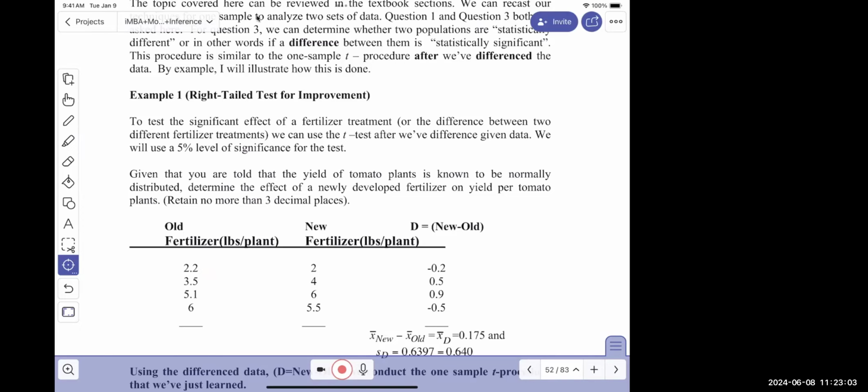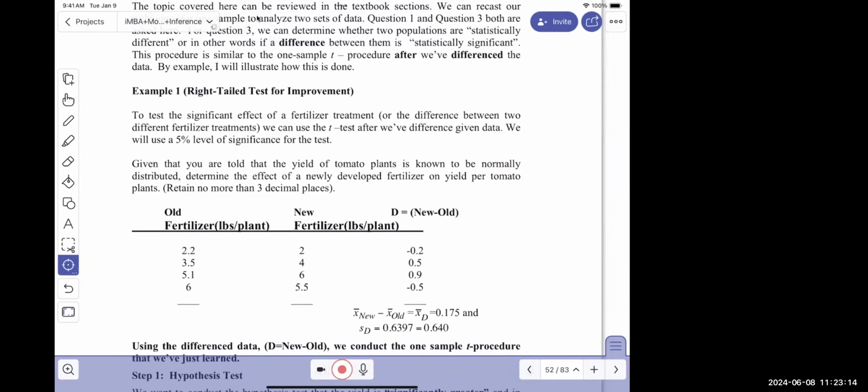We don't have any other information except that we know that the yield is normally distributed, and that helps us because we can appeal to the properties of the t distribution to do this, because we don't have any information on the new thing that is the difference.